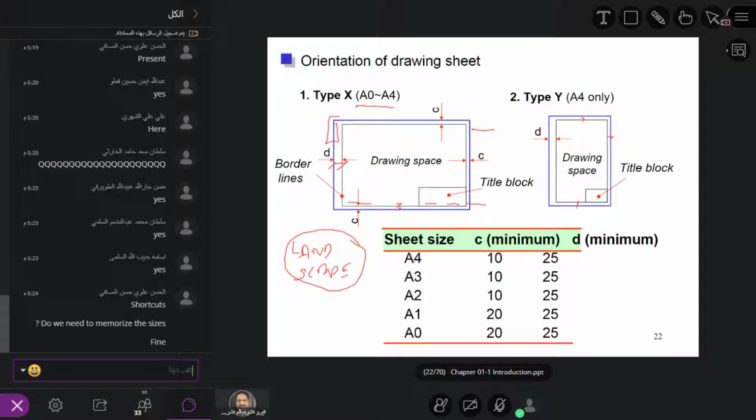Okay, so the size here is an A4. It is 10. That means this is 10, 10, and 10, whereas D is 25. So irrespective of the sheet, always this length should be 25, and the others should be constant. Don't worry about it.